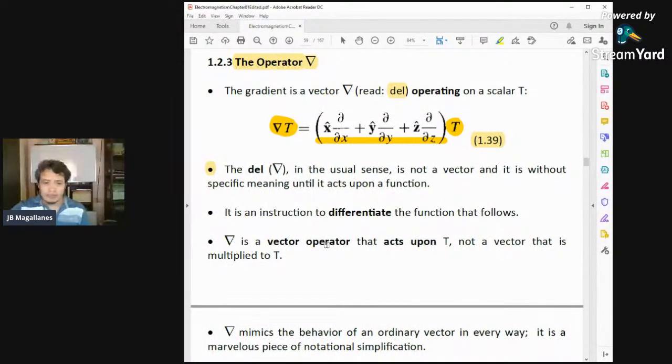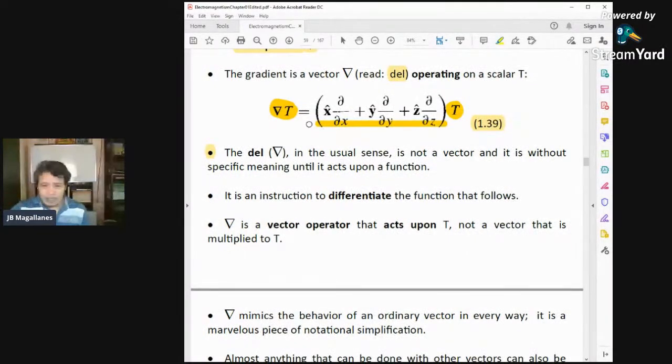So the del is the instruction to differentiate the function that follows it.